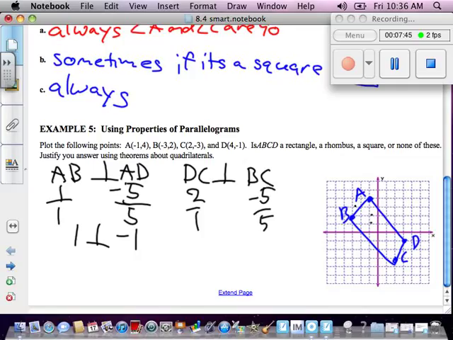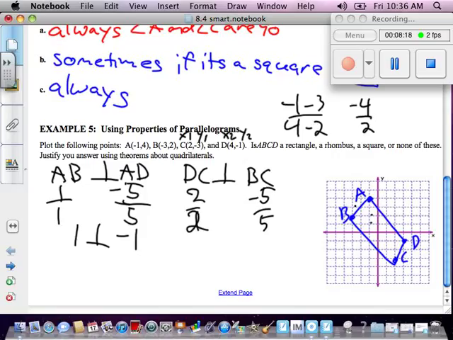Can somebody check my DC for me? Another way to do it, I'm going to do the y2 minus y1 thing. -1 minus 3 over 4 minus 2. It's 2, not 1. So I should get -4 over 2.